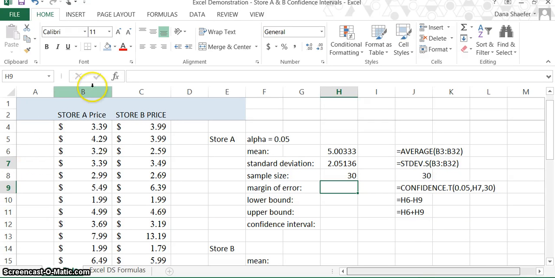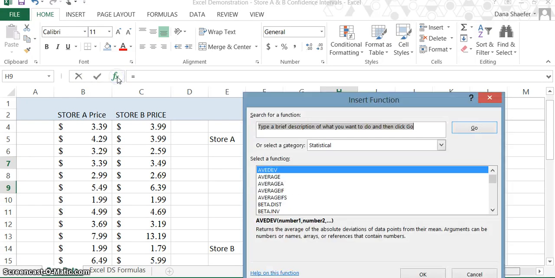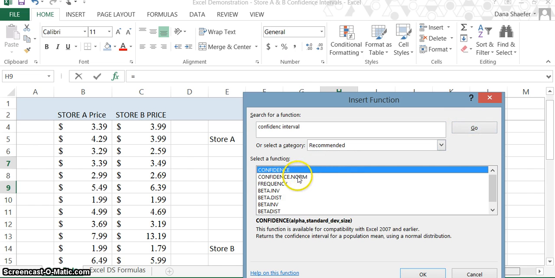So I'm going to come up here, I'm going to pick my function, and I'm going to type in confidence. Let's put confidence interval, and let's see what it gives us. So we'll type confidence interval, and it says confidence norm, confidence. And so the one that I want to use in our case is confidence.t.